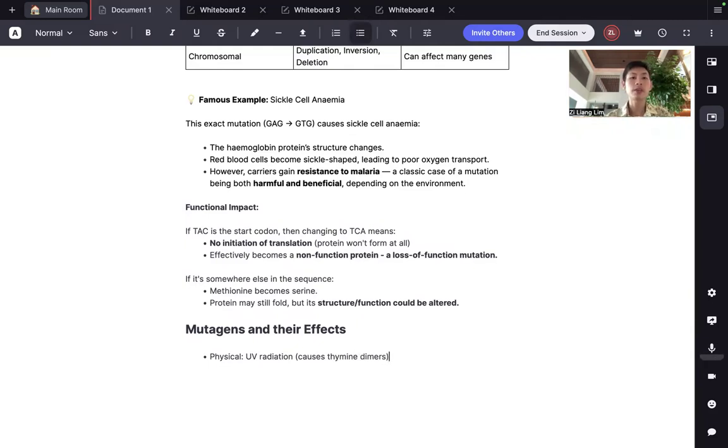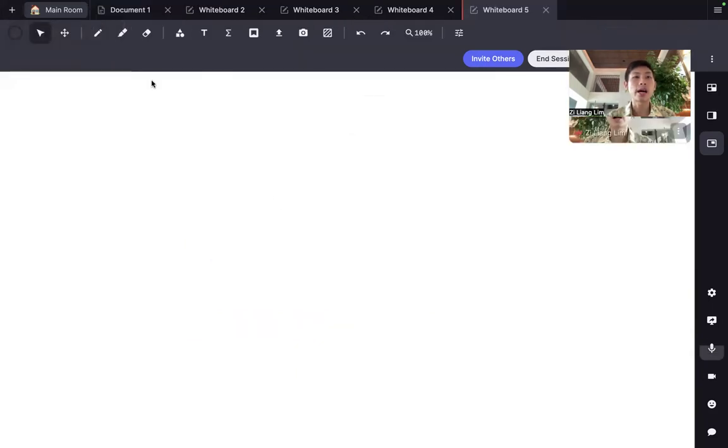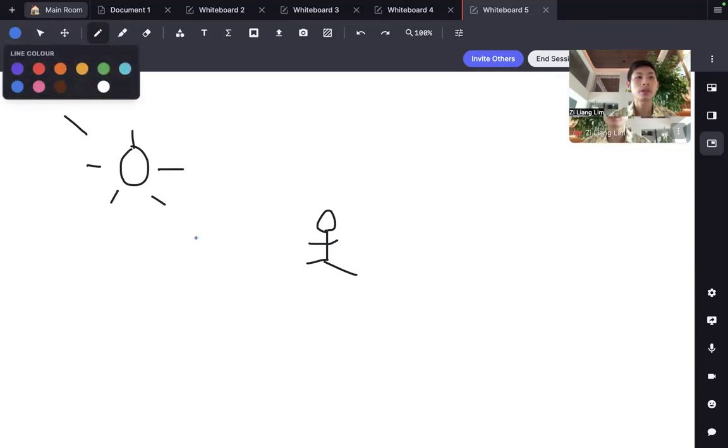Okay, what do you think of specific to the context of Australia? Sunbathing, very good. All right, so let's use the whiteboard. If you have the sunlight, and someone is sunbathing, a person lying flat on the beach, and over here you have the water.